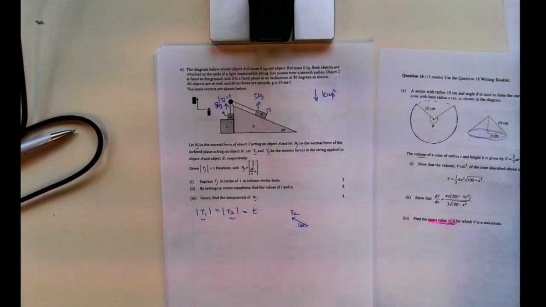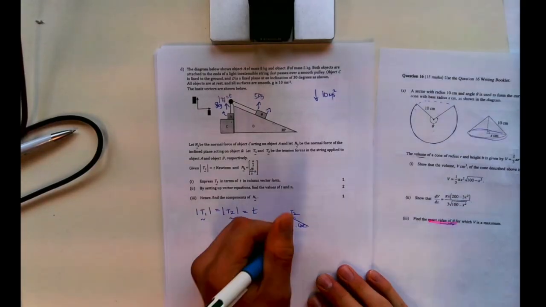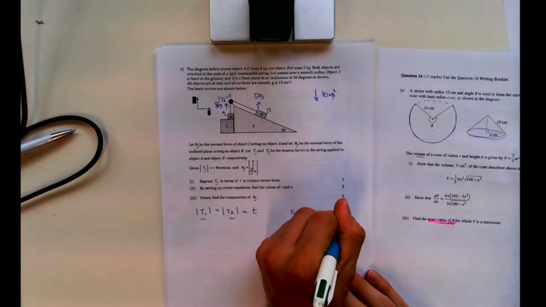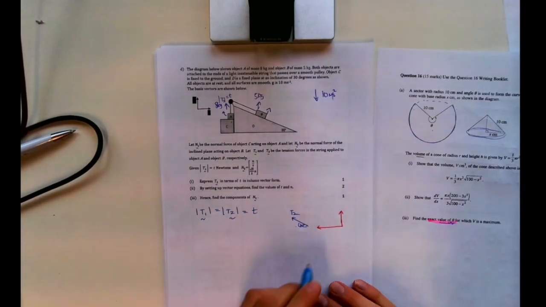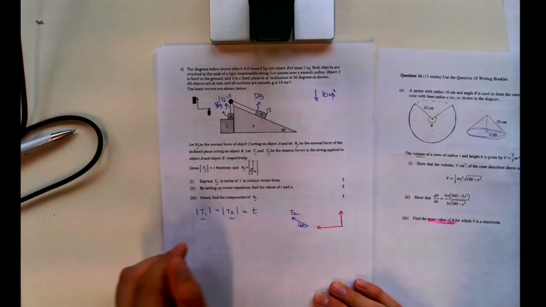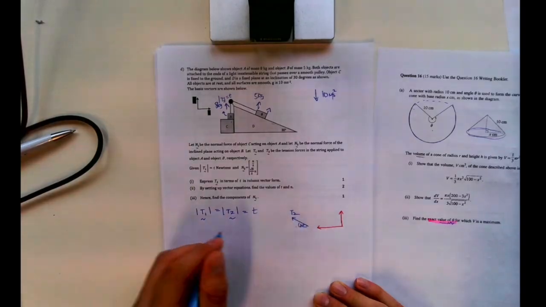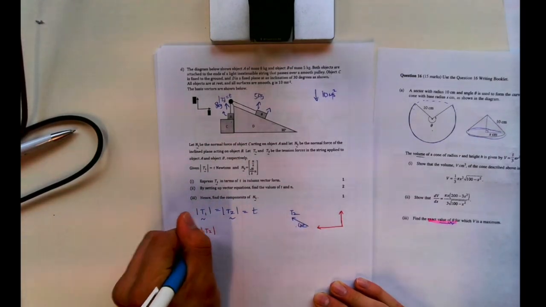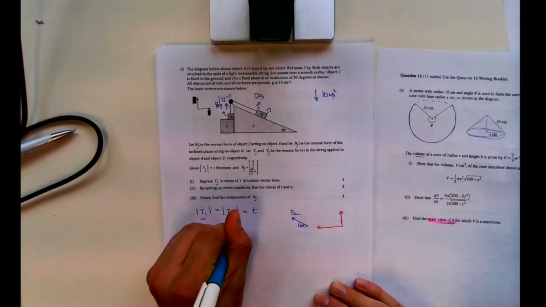Now, what they're wanting us to do is put it into rectangular components. So basically, what is the vertical force and what's the horizontal force? And the way we can do that is by breaking it down this way and this way. And we will get that in the horizontal direction, or in the x direction, this force is the magnitude of T2 cos 30.